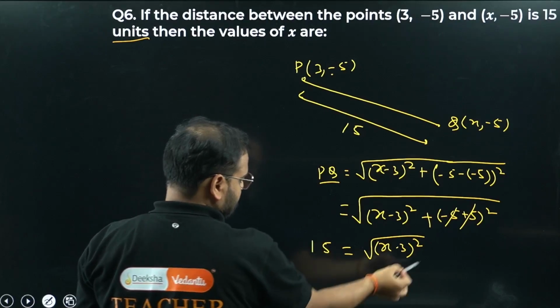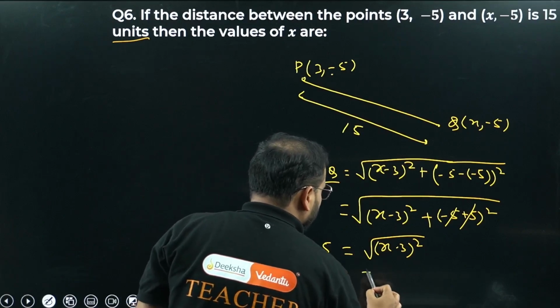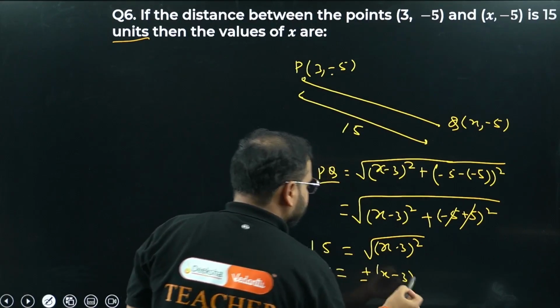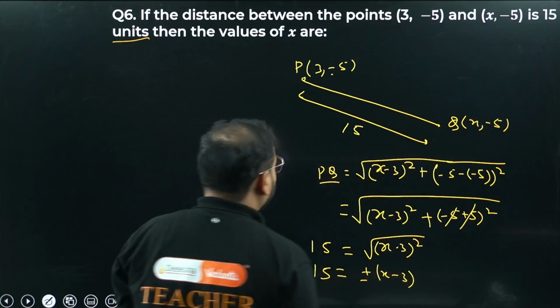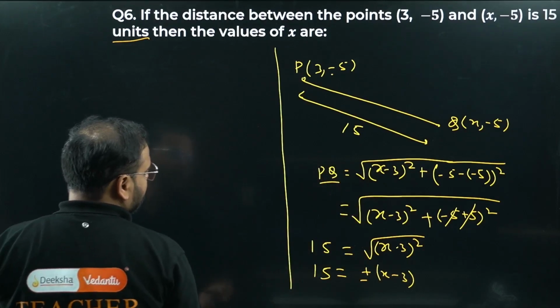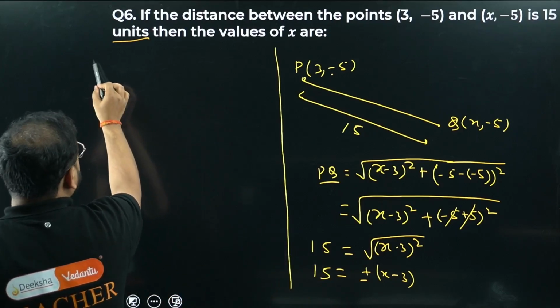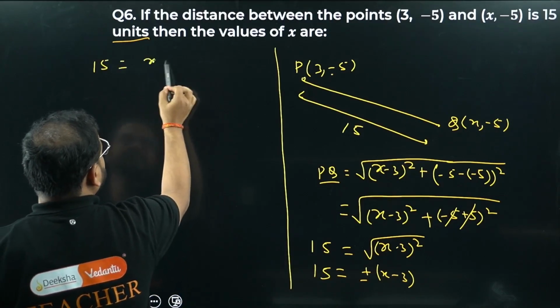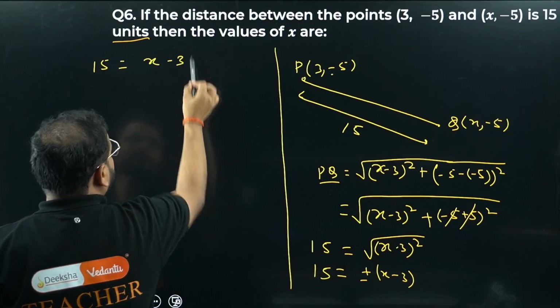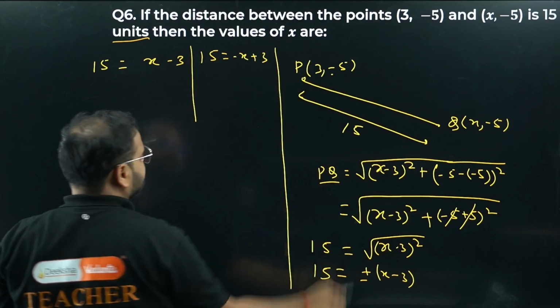Square and square root will cancel the effect. So I'm getting 15 equals plus minus x minus 3. So if I take this to be plus, I'm going to get 15 equals x minus 3, or 15 equals minus x plus 3.